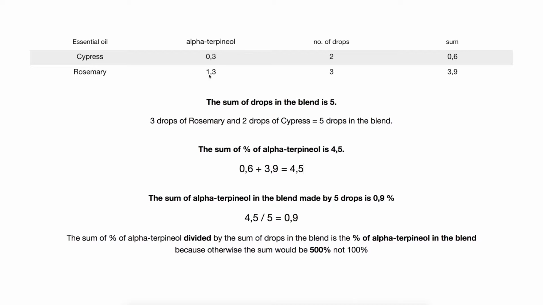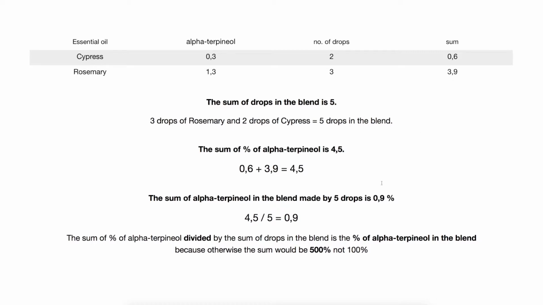And this is the number in rosemary. So for one oil, 1.3% out of 100% in yield. So if you would actually add up all these sums, you would have 500%, not 100 that you want to look at. I hope you follow, and Petra will explain a little bit later as well.